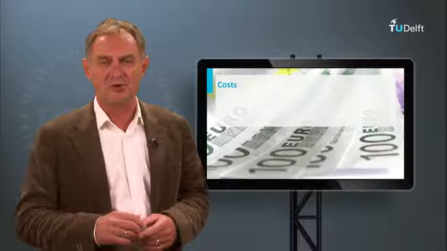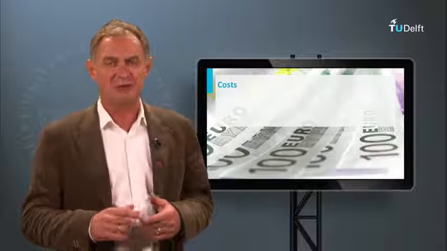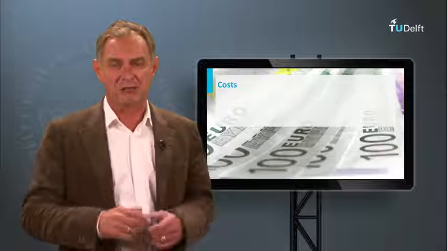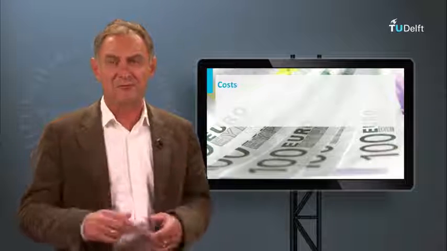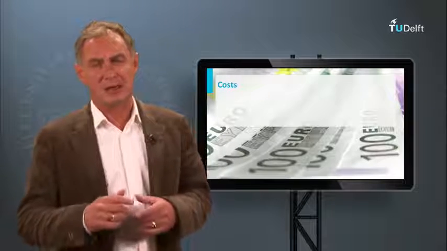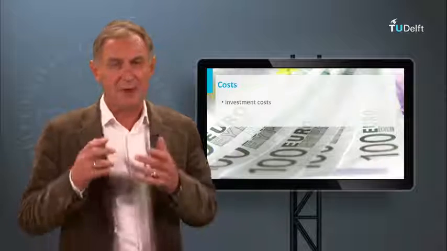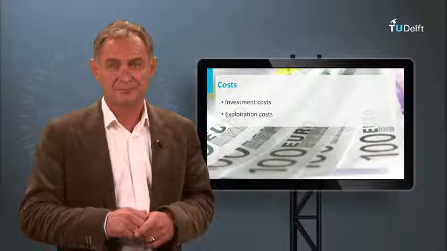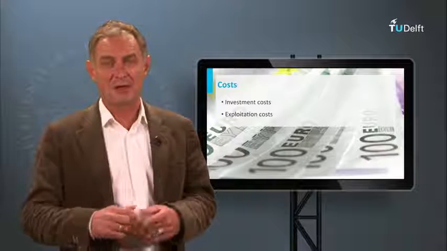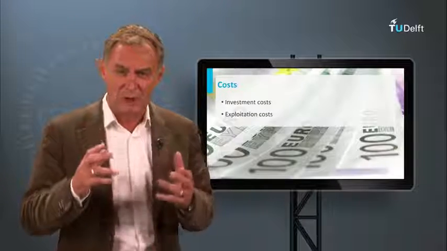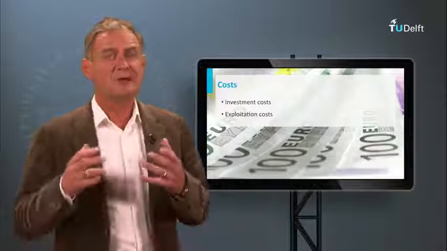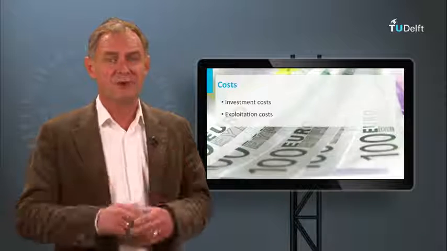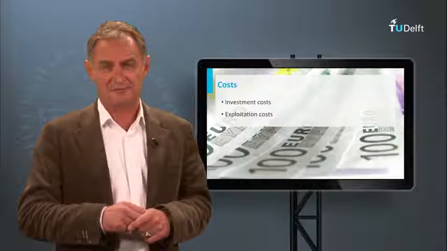Cost is one of the most important aspects for decision makers to decide on investing in a new technology. Therefore, it is necessary to have an indication of the investment and exploitation cost already in an early stage. Exploitation cost, expressed as the cost per cubic meter produced water, gives an indication for the drinking water price.